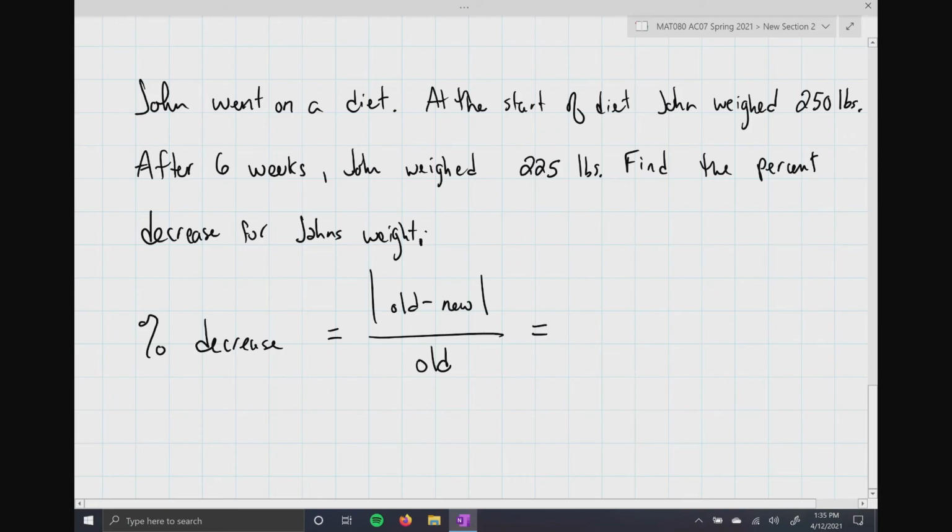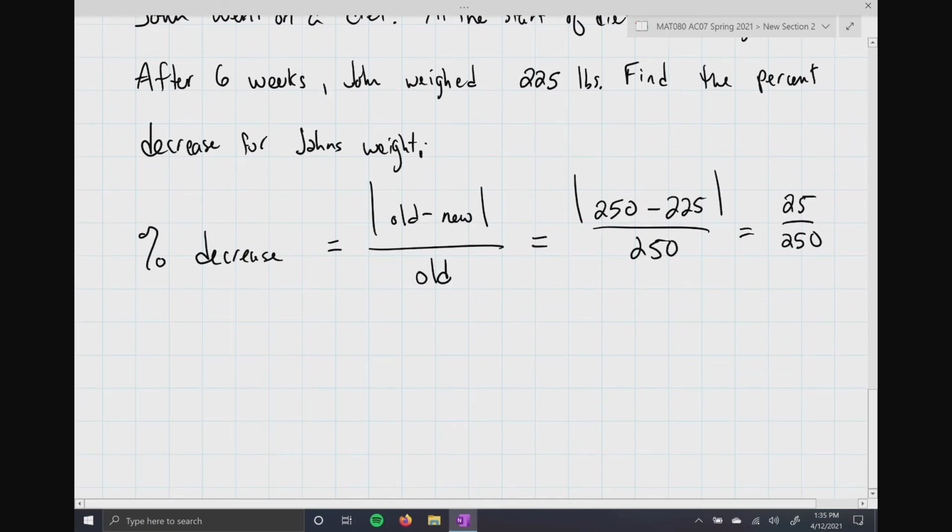So, just to make life easy for us, 250 minus 225 divided by 250. So that's going to be 25 over 250. And I'm going to make this even easier for us, because you got to divide 25 divided by 250. But just recall from our study with fractions that 250 is really just 25 times 10.